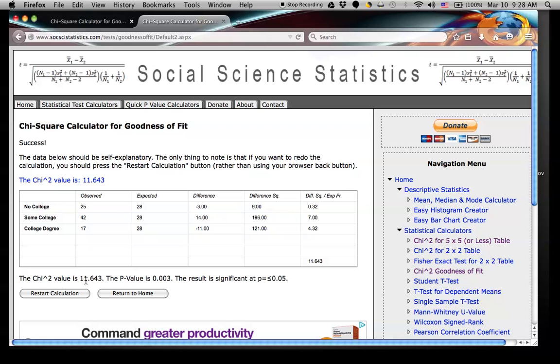That agrees with what we have in the textbook on the bottom of page 286. The p-value is 0.003, which is less than our alpha value of 0.05. So we conclude that the result is significant at the p is less than 0.05.